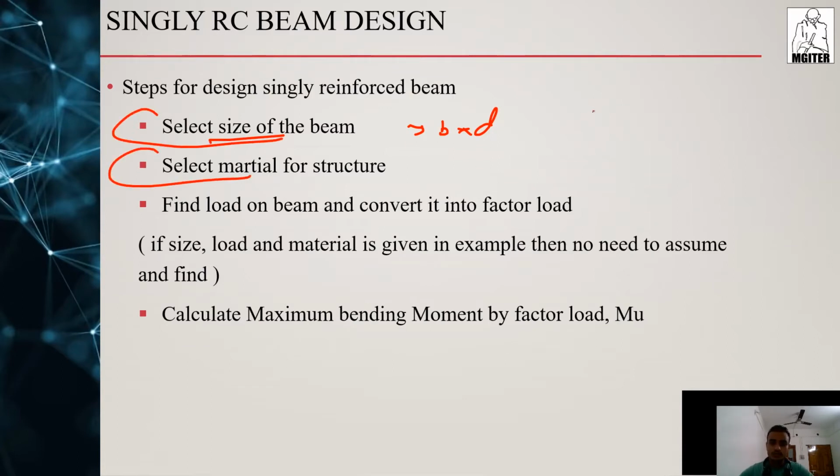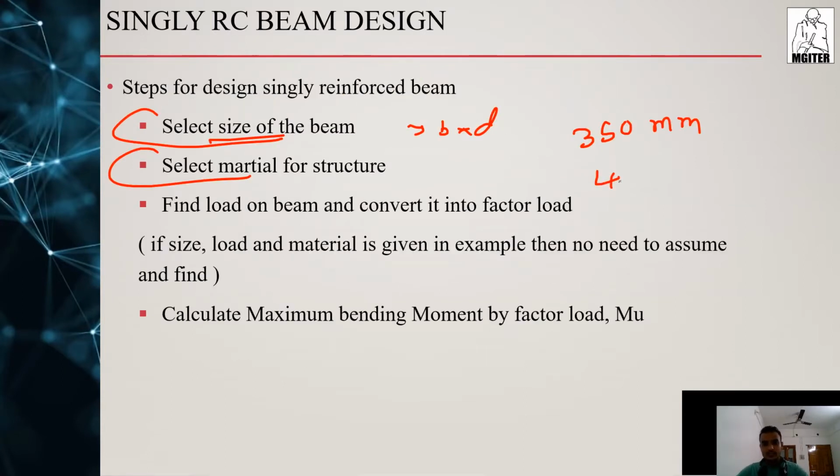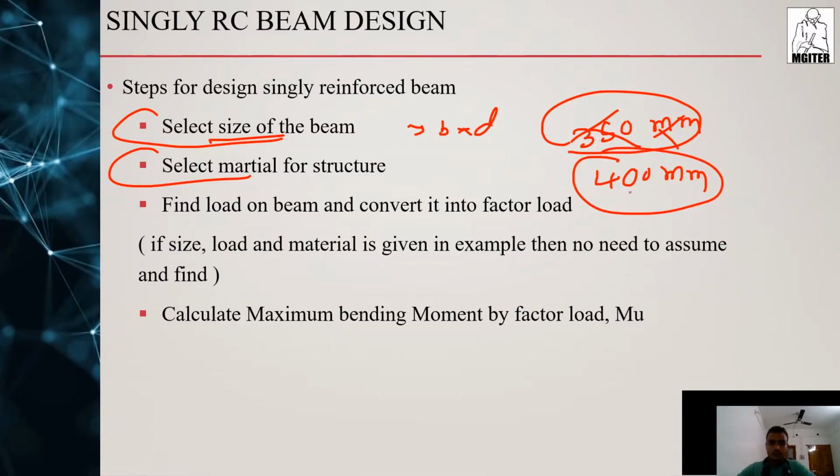It means I assumed a depth of beam of 350, but while checking by Mu is equal to Mu limit, I found a depth of 400 mm. This means the assumed depth is not safe. So with the depth of 400 mm, we have to revise the whole structure.